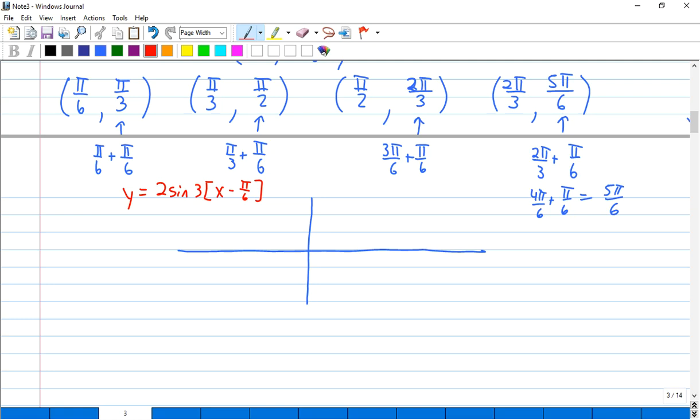Now, pi over 6 is an actual number that you can figure out, right? If you want to, you can type in your calculator pi divided by 6, and you'll get something a little bit more than 0.5, I think, something like that.